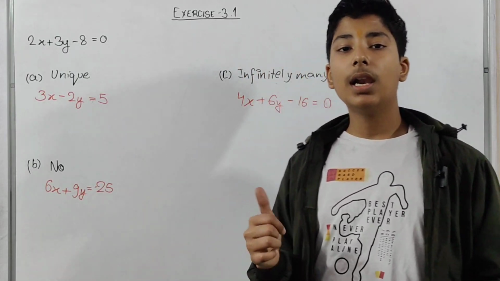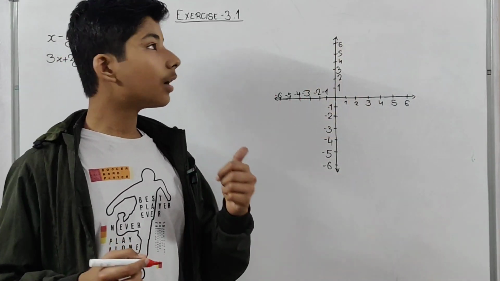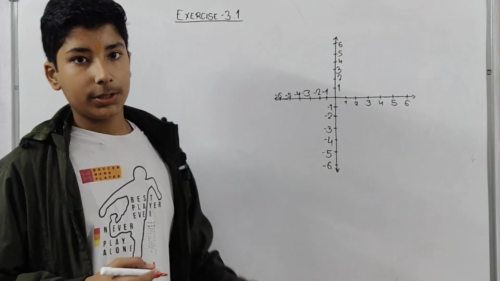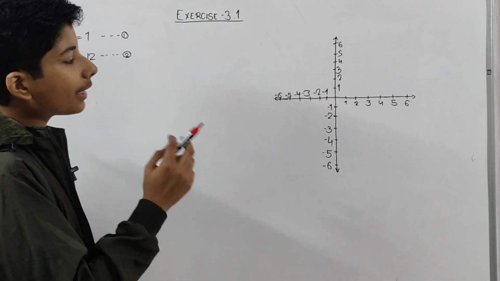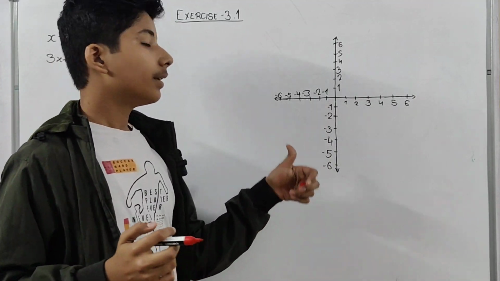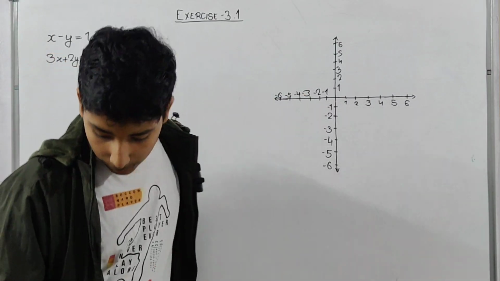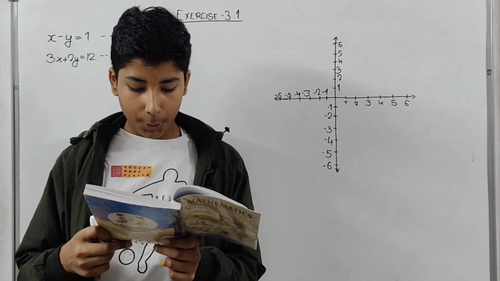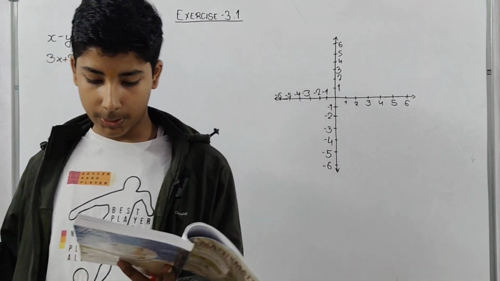Now we'll come to our last question from this exercise and of this video too. Here we have to find the solution of these equations graphically. Let me read the question. Draw the graphs of the equations, this one and that one.